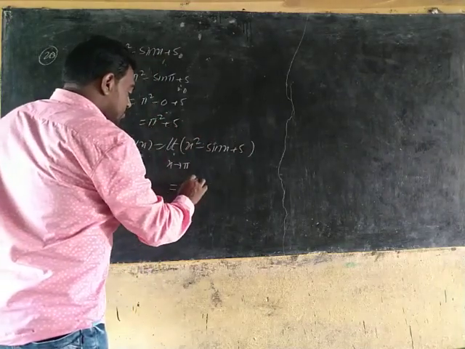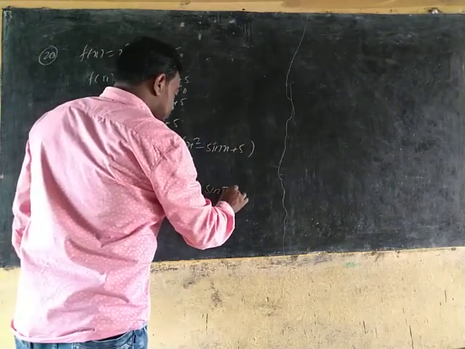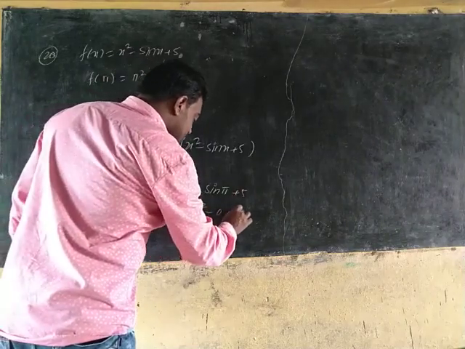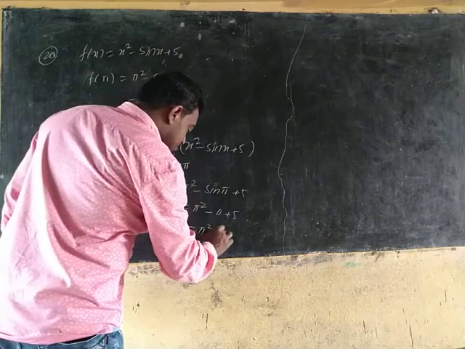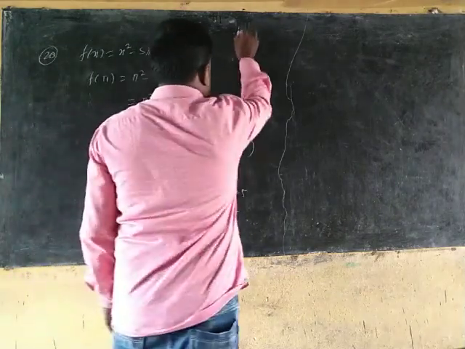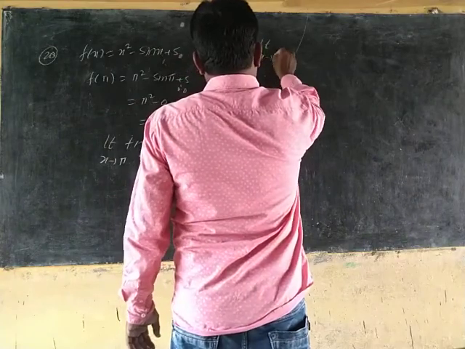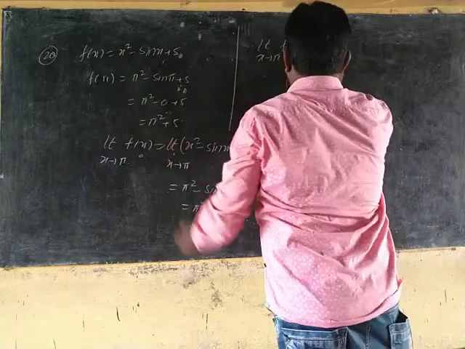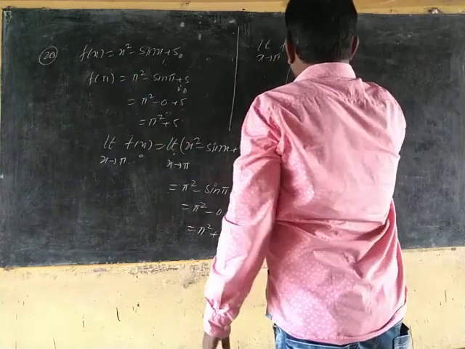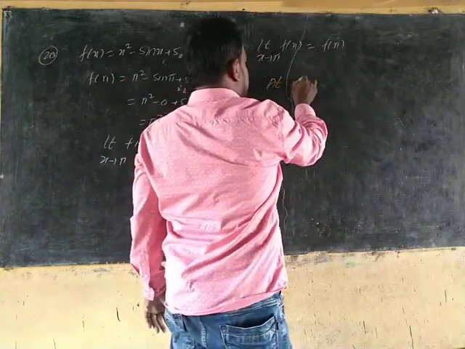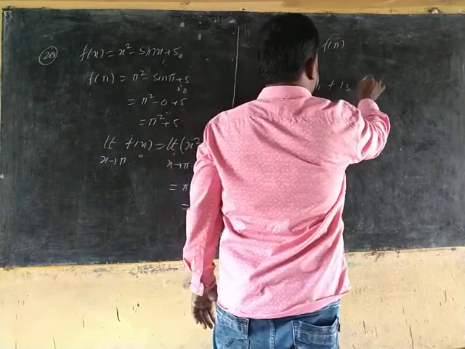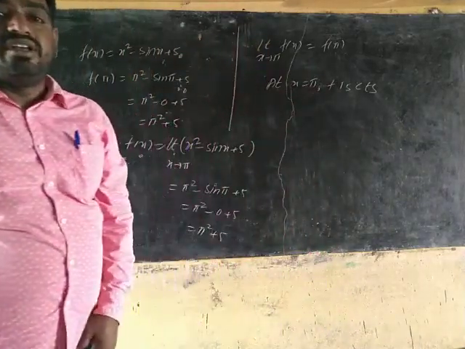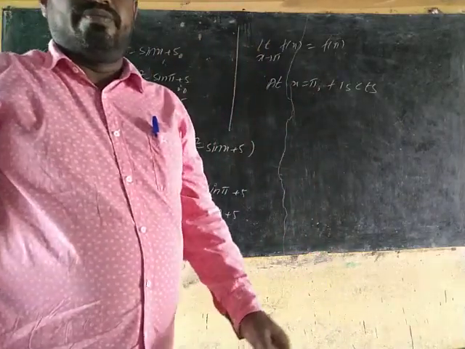So this is equal to pi square minus sin pi plus 5, which is pi square minus 0 plus 5, which is pi square plus 5. This is nothing but f of pi only. Therefore, at x is equal to pi, f is continuous. At x is equal to pi, f is a continuous function.